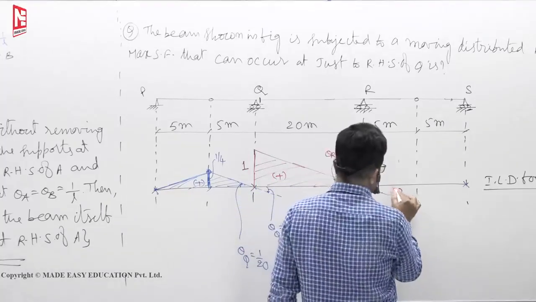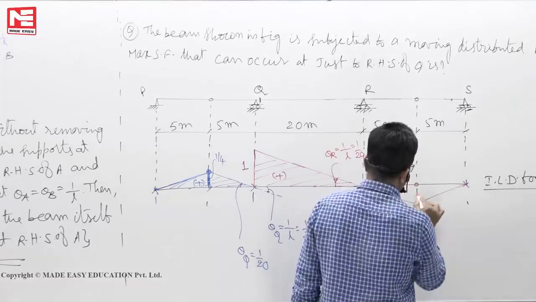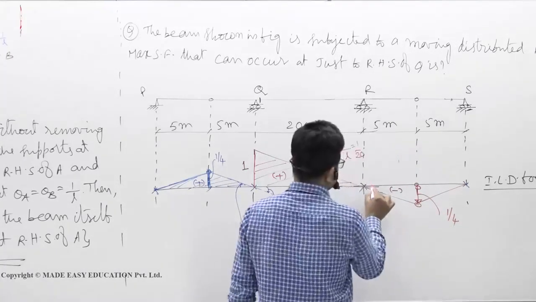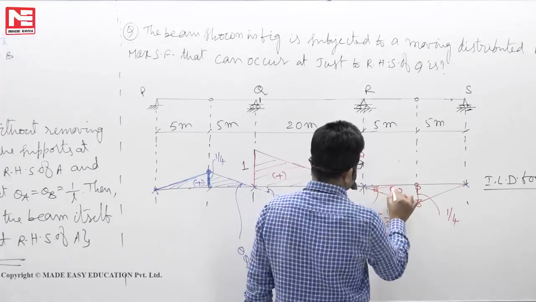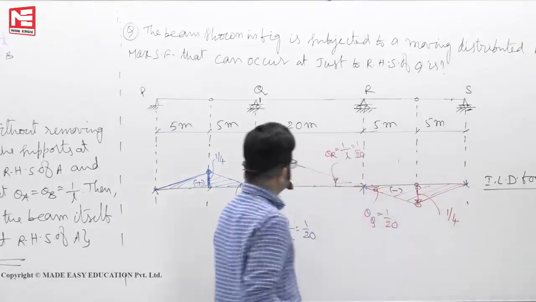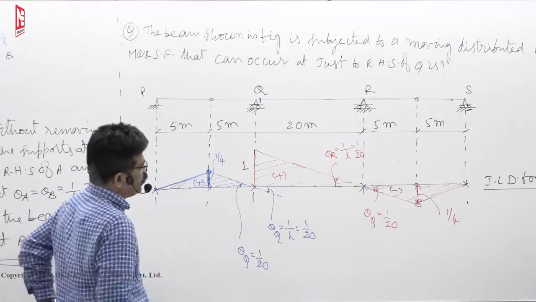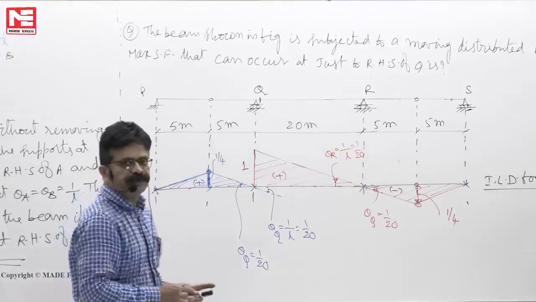This is minus. So 1 by 20 into 5, 1 by 4. This will become again 1 by 4. This is theta Q. Like this. So this is the influence line diagram for shear force at RHS of Q.